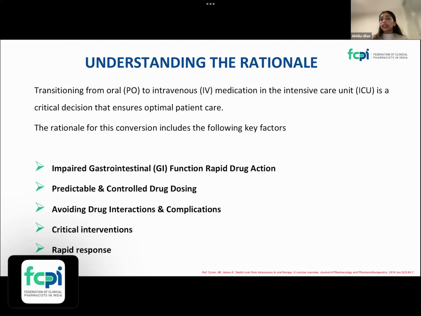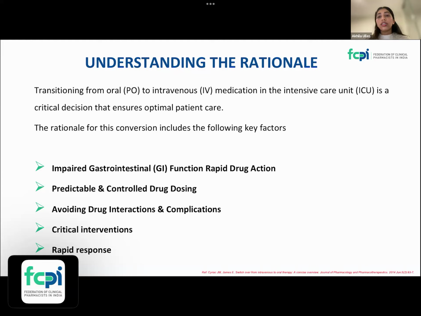One is impaired gastrointestinal function. Maybe the patient's GI system will not tolerate the oral formulations. Another is predictable and controlled drug dosing.